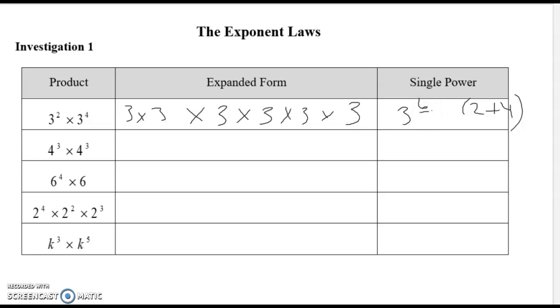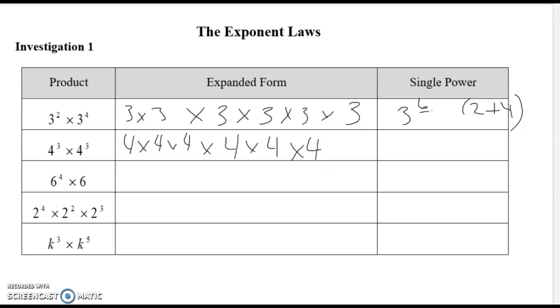Okay, next one. We have our base 4. The first one, there is 3 of them: 1, 2, 3. And then we are multiplying it by 4 to the 3. So we have 3 more of them: 1, 2, 3.